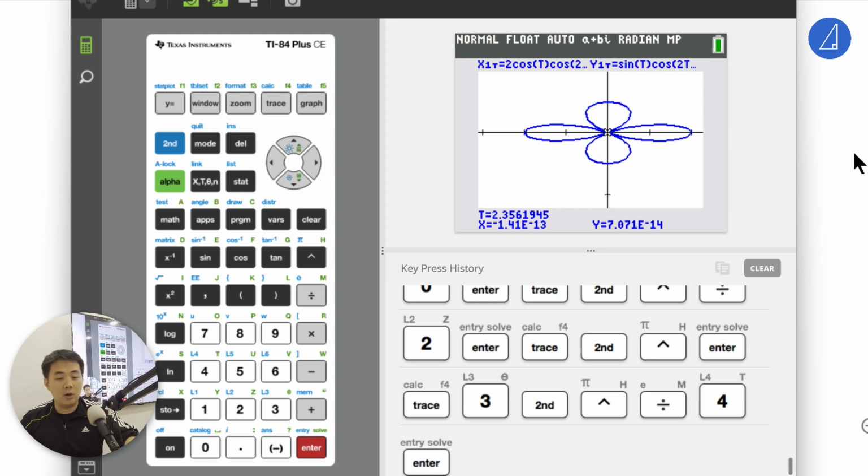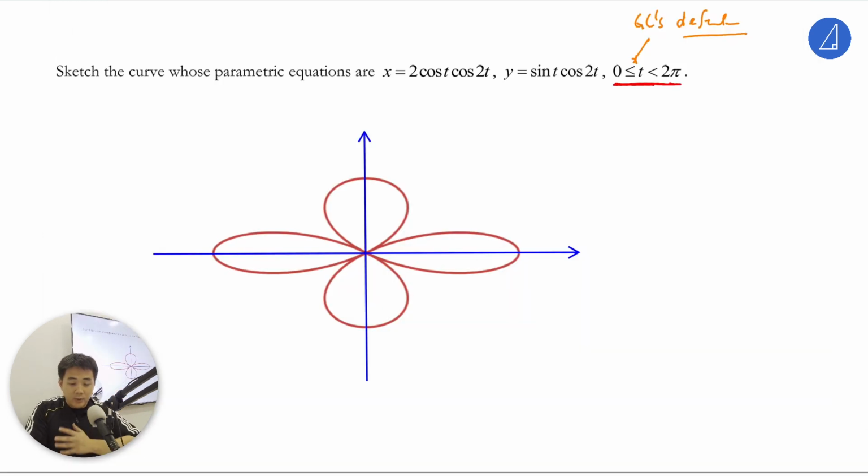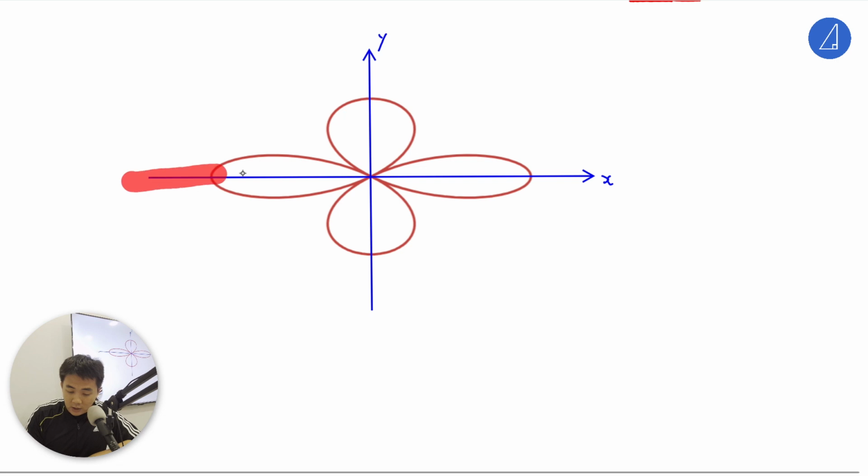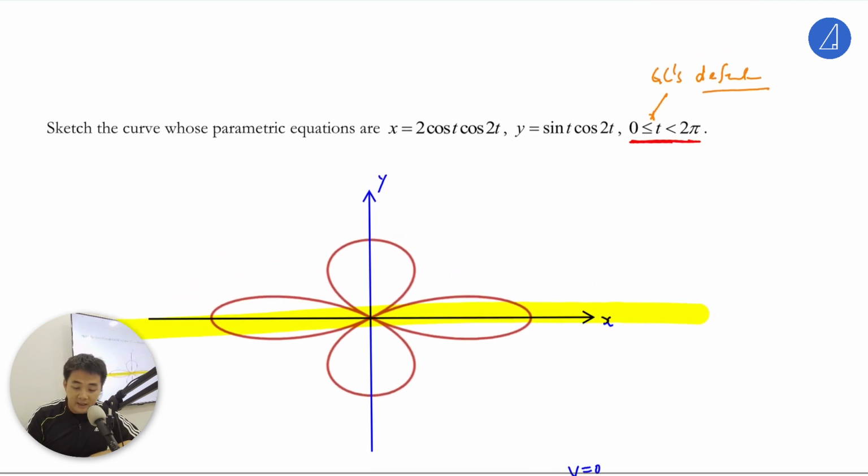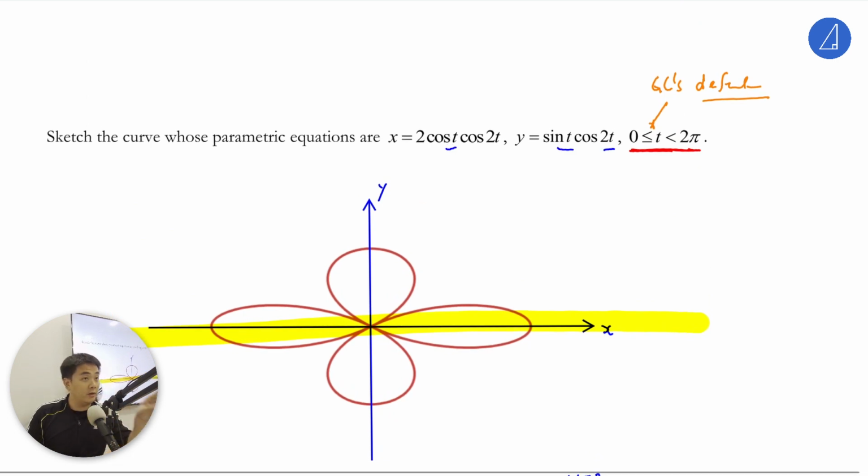Okay, so of course, sometimes you guess and check, you may not get the point that you want, right? So understand this: if I want to find any point on this axis here, this is when y equals 0. When y equals 0, what you need to find is the x-intercept.